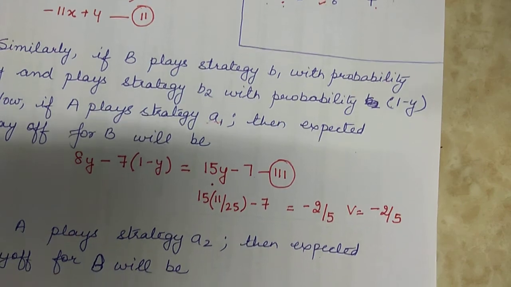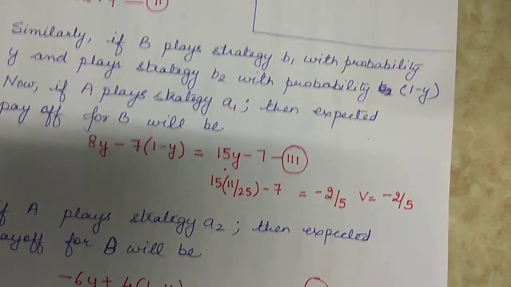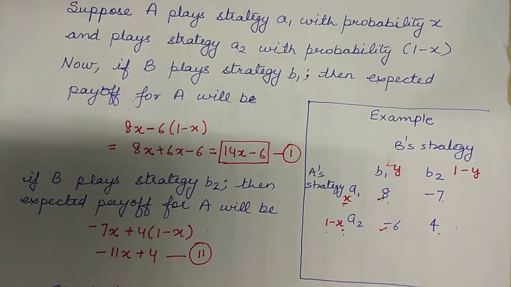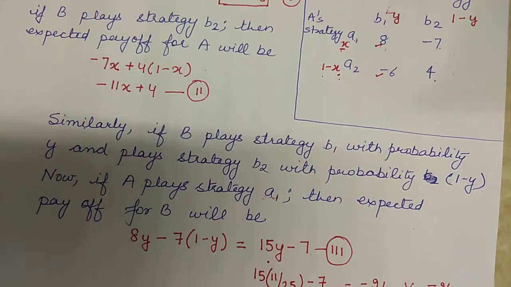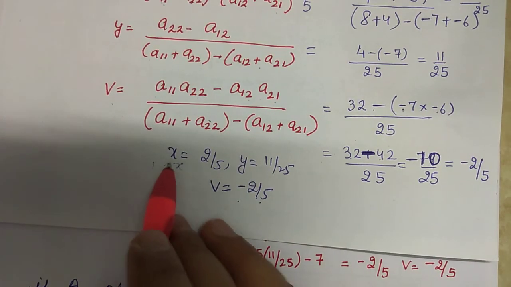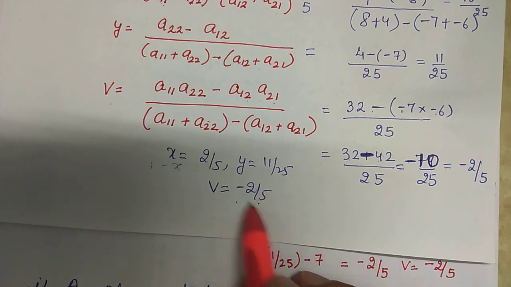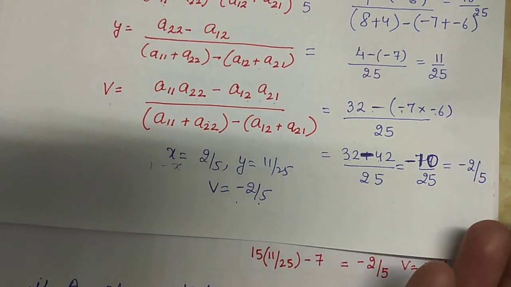So this is how we can solve a game if we forget the formulas. If you remember, the formula we used earlier also gave the same values: x was 2 by 5, y is 11 by 25 and value of game is minus 2 by 5.